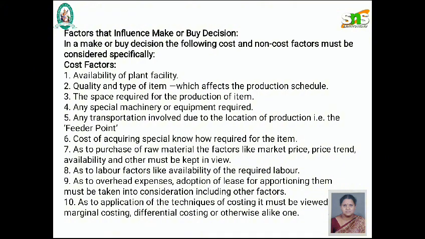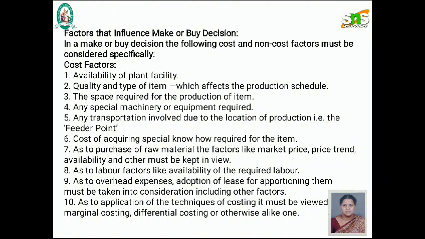Factors that influence make or buy decisions. In make or buy decisions, the following cost and non-cost factors must be considered specifically. Cost factors: availability of plant facility, quality and type of item, the space required for production of the item, any special machinery or equipment required, any transportation involved due to the location of production, that is the feeder point, and the cost of acquiring special know-how required for the item.